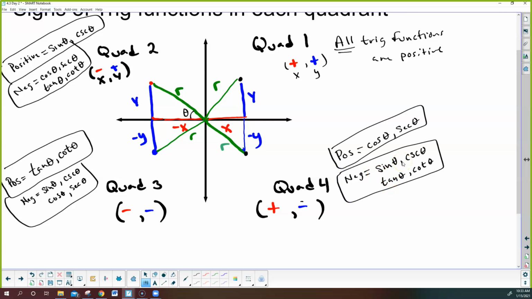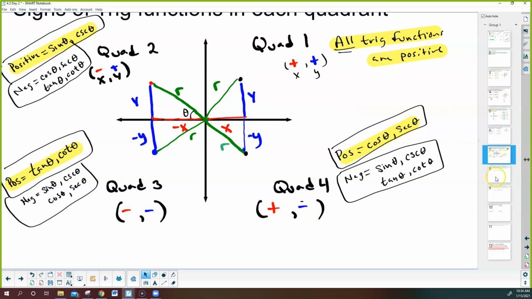Okay, so we now know which values are positive in what quadrants. And if you just stick to what's positive, then the other ones have to be negative. So that's kind of how I think of it: sine, tangent, cotangent.